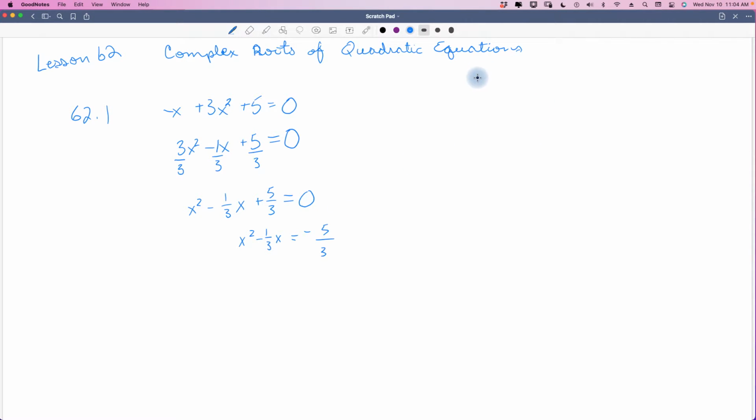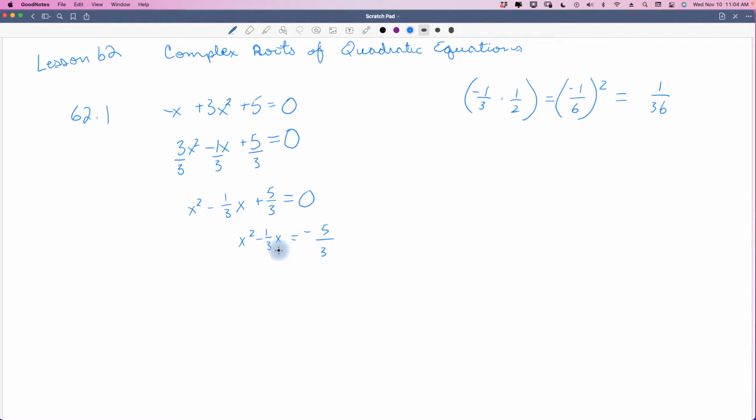So let's go over here somewhere. In our scratch paper, we're going to take -1/3 times 1/2, and we get -1/6, right? Then we turn around and we square that. And that gives us 1/36. Right?